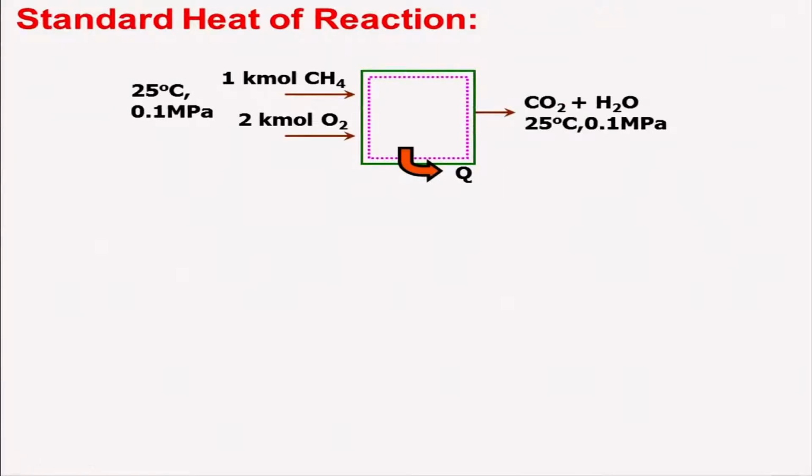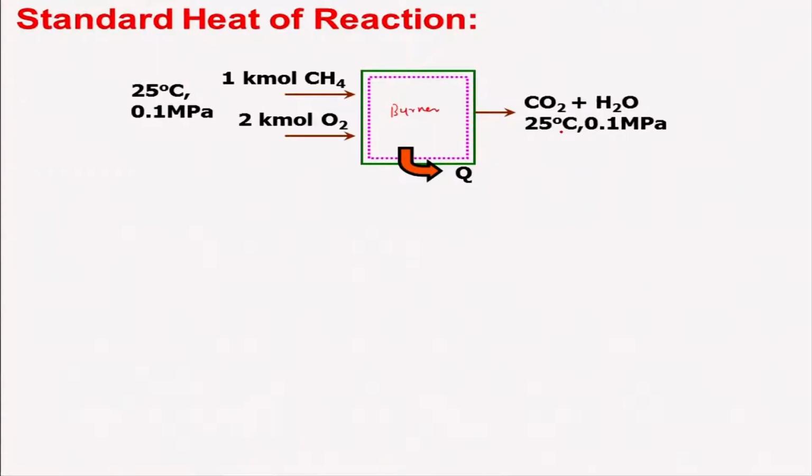In this case, we will consider that 1 kilomole of methane is reacting in a burner, or a chamber, with 2 kilomoles of oxygen, and it goes to the products carbon dioxide and water. Keep in mind that it is entering at 0.1 megapascal of pressure and 25 degree Celsius.